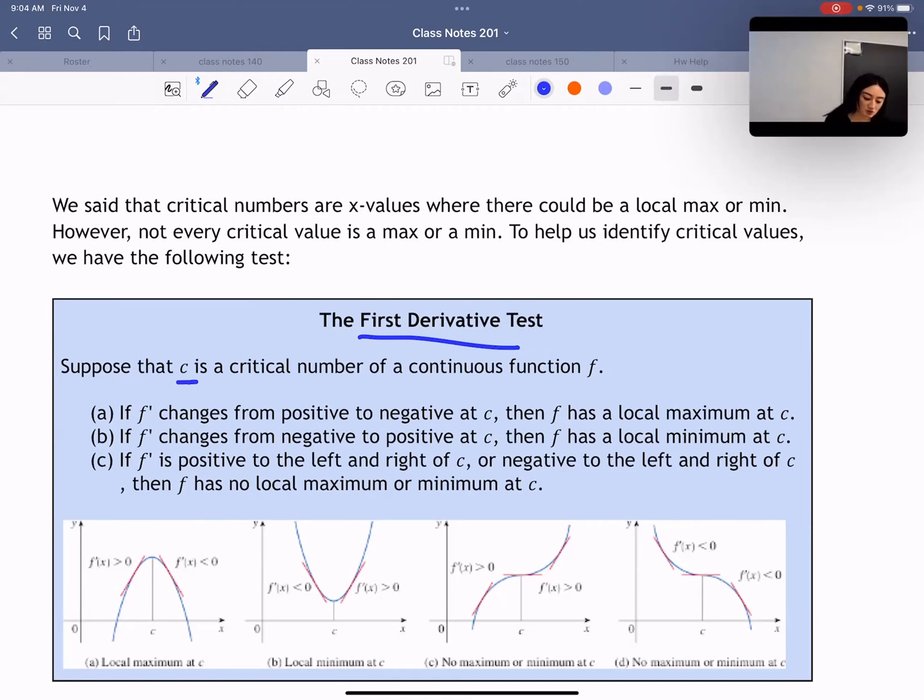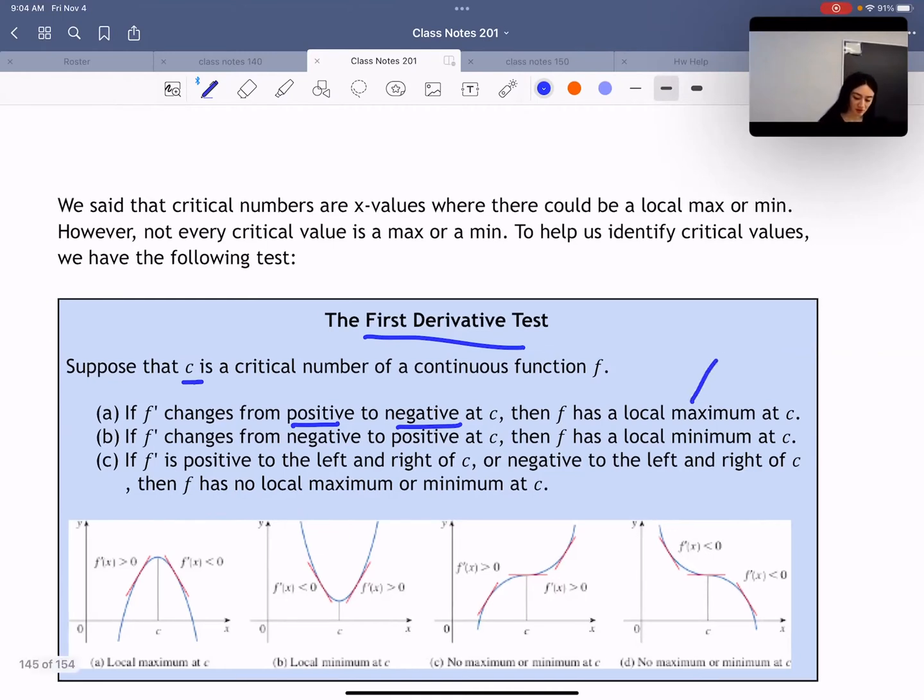If the derivative changes from positive to negative, increasing to decreasing, then the function has a local max at C. That makes sense because we're going from increasing, going up, to going down, right? On the other hand, if the function goes from decreasing or the derivative being negative to increasing, the derivative being positive, then we have a local minimum, right? That seems to make sense too.